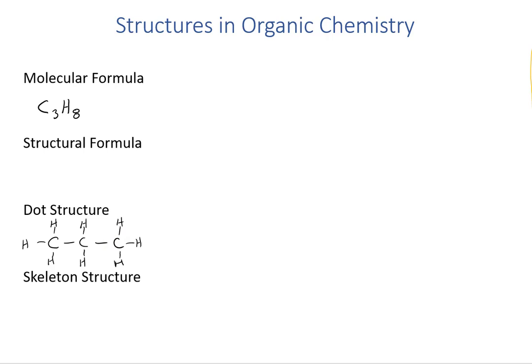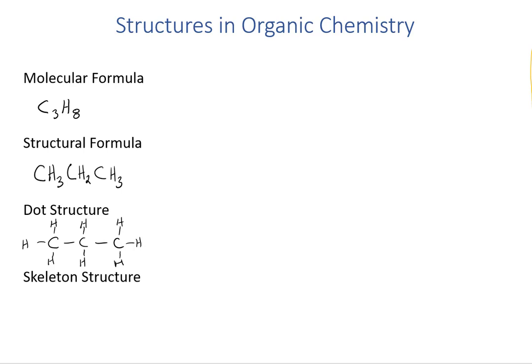So to write the structural formula, we'll write the carbon, the number of hydrogens directly attached to that carbon, and then the next carbon, which has 2 H's, and then further down the line, a total of 3 hydrogens.